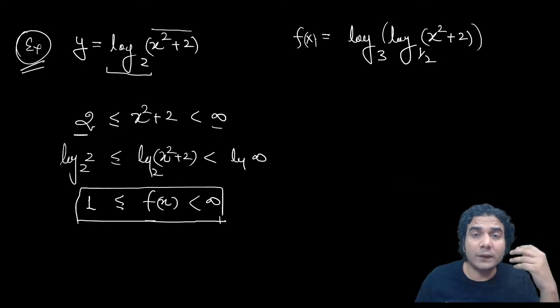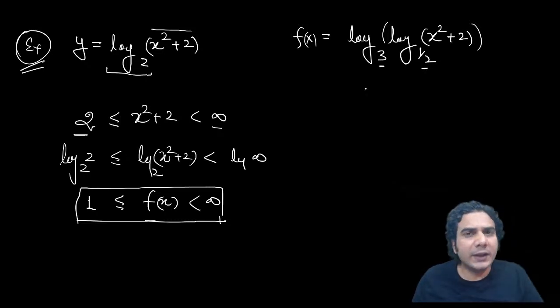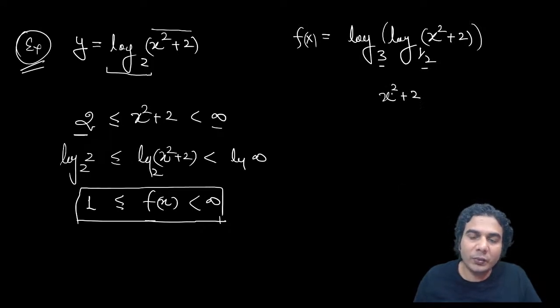Log of x square plus 2. The base of the outer log is 3 and the base of the inner log is 1 by 2. So again, we'll start with the same point, x square plus 2. So x square plus 2 will start from 2.